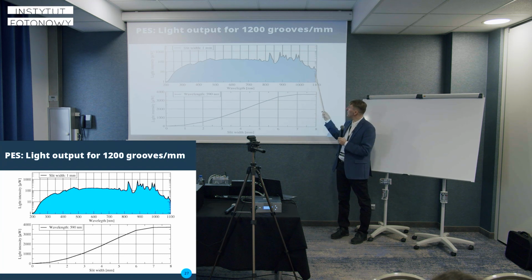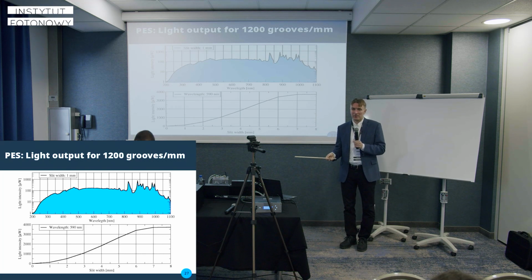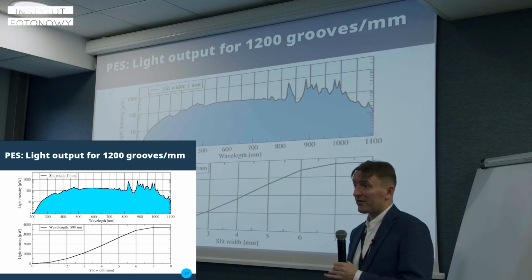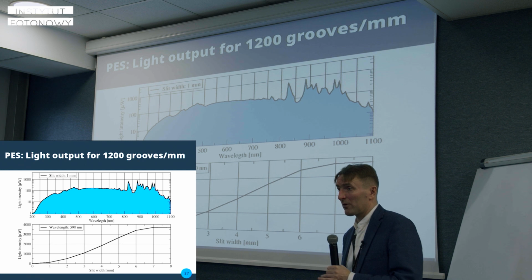And the reason why we cut off here is because the internal sensors mounted by default are based on silicon. And silicon gets transparent beyond that value, more or less.